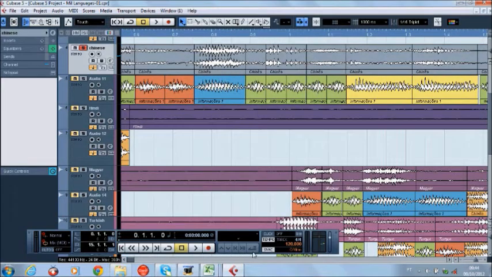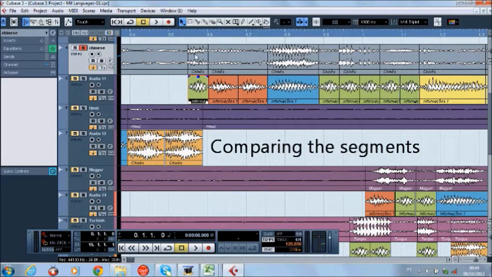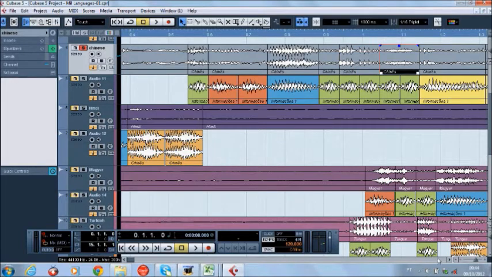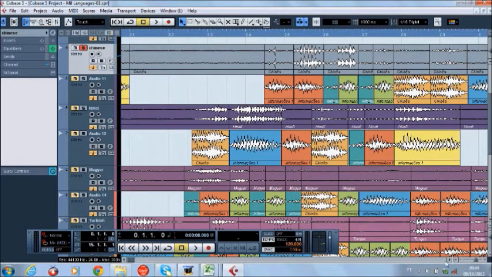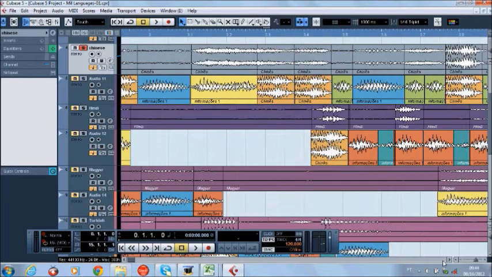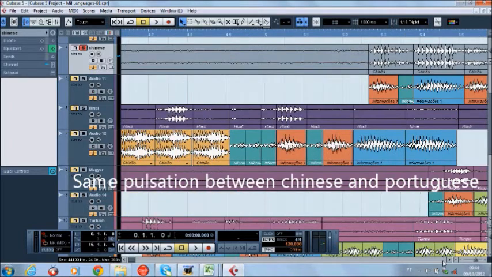With our segments, we see that this is perfectly corresponding to this one, this two with this one, this is perfect too, this one to this one, the middle of it, this two with this one, and we see that it's very easy to compare and that the Chinese speech should follow the same pulsation as the Portuguese.